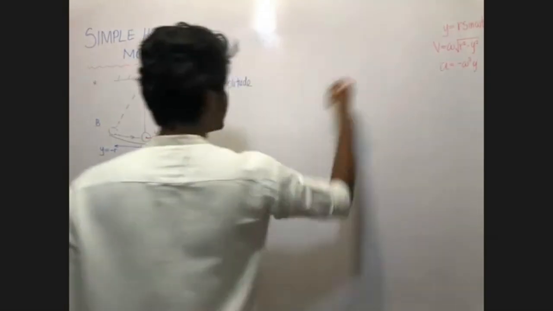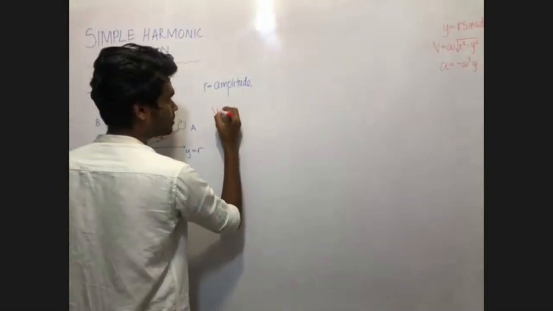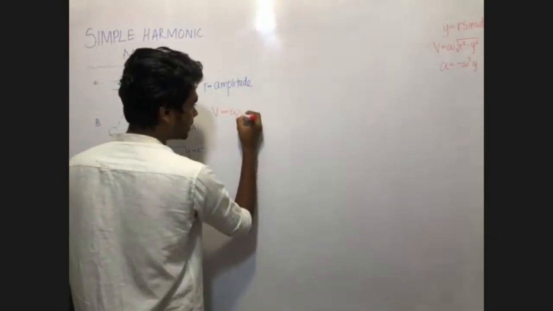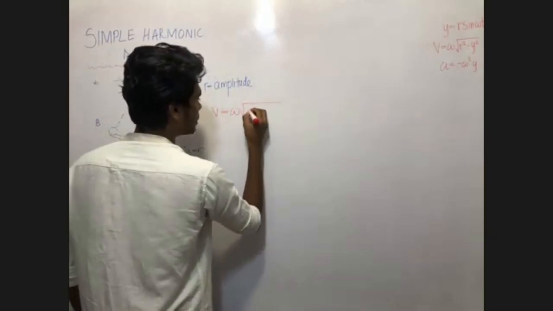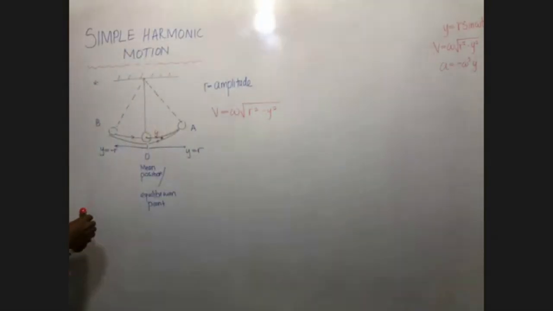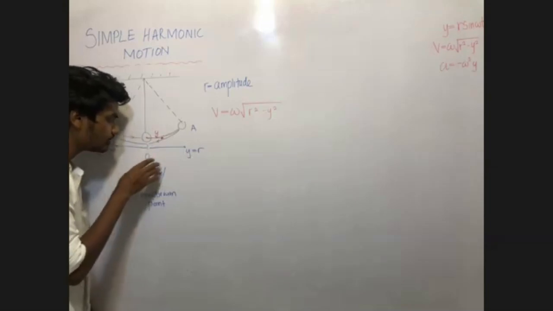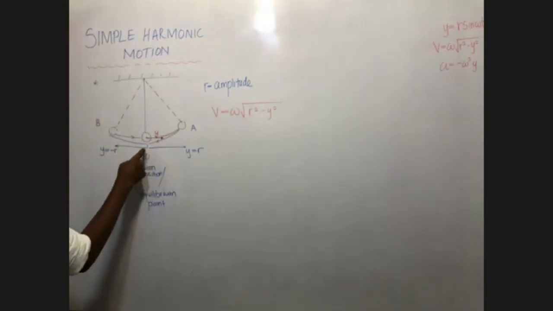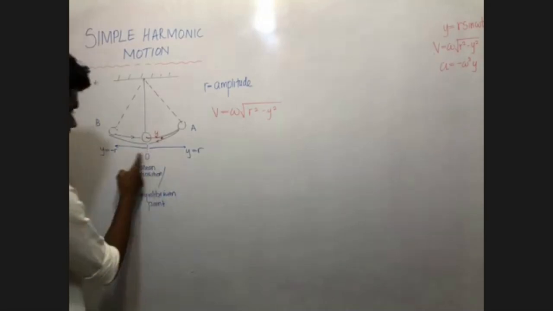Let's get the equation. Velocity is omega times the square root of R squared minus y squared. So let's see what the velocity is at point O, at the mean position.